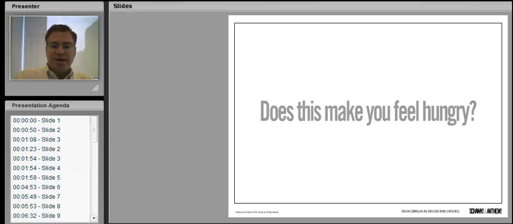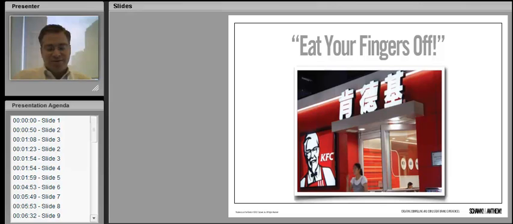My last example here is kind of a funny one. This is one from Kentucky Fried Chicken. There's a funny story around this. Kentucky Fried Chicken has a really good history when localizing their brand, specifically in mainland China. And they are, in many ways, the gold standard for how to do it right. But this example shows that the process of doing this right is still fraught with landmines everywhere, and everyone has a chance to stumble.